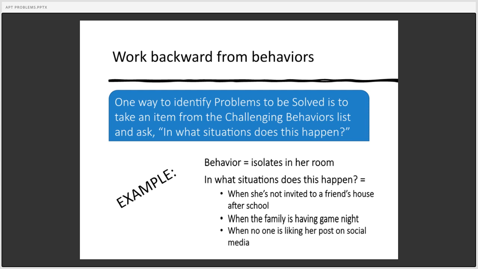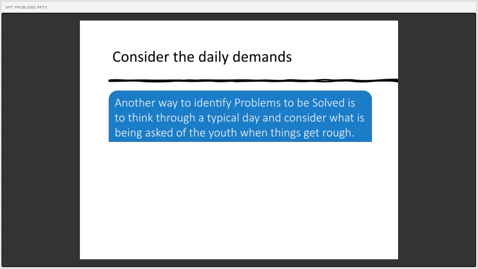Or when no one is liking her post on social media, she will find her isolating in her room. So those are 3 separate problems to be solved, 3 problems that could go on that problems to be solved list, and that we could have separate Plan B conversations about because they're all going to have a different kind of solution. So that's one way, going backwards from the challenging behaviors.